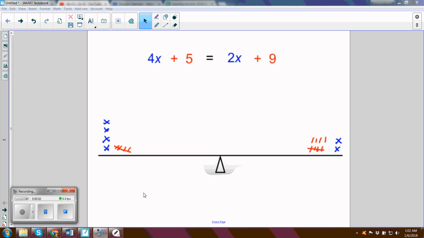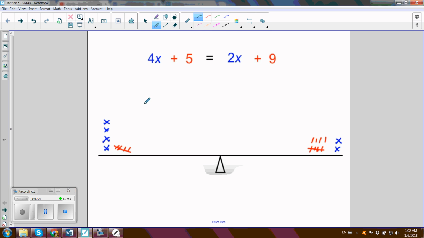Okay, previously I explained how to use a physical model to understand what you need to do to solve an equation with variables on both sides of the equation in order to gather the variables to one side of the equation.